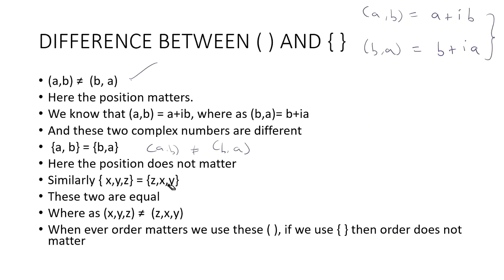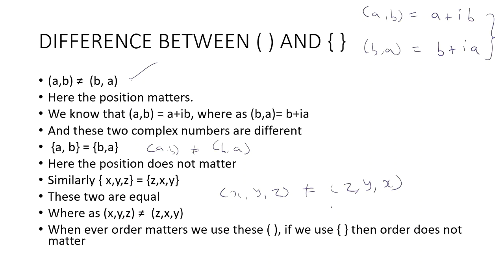These two are one and the same. Whereas the ordered triple (x, y, z) is not the same as (z, y, x), because here the first element is x and here the first element is z.